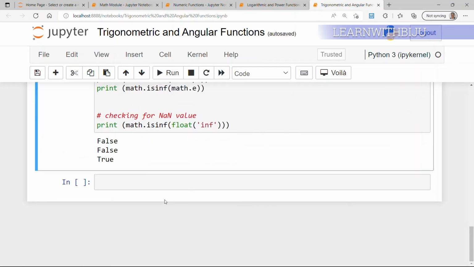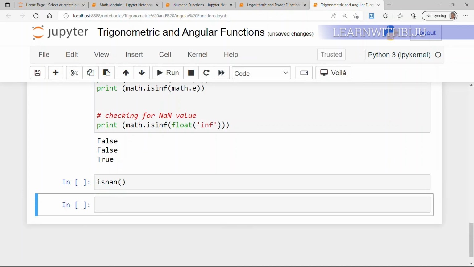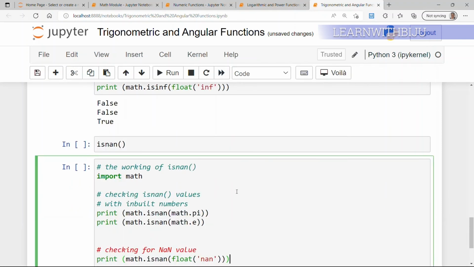Then we have a function to check whether it is a non-number. It is isnan, not a number. This function returns true if the number is nan, that is not a number, else it returns false. So do we need an example for that? Okay. We are importing the math module.